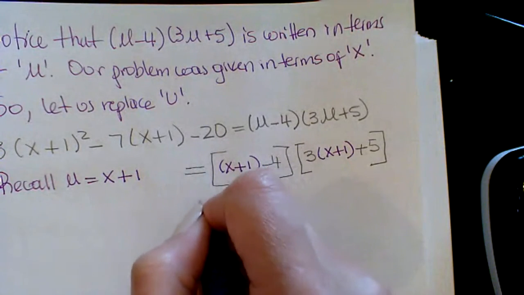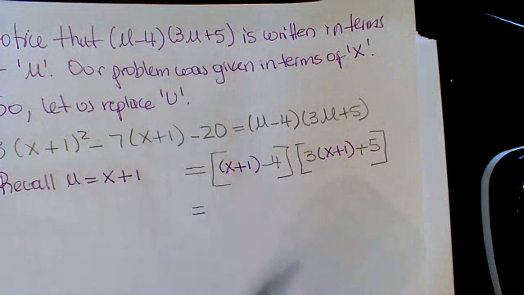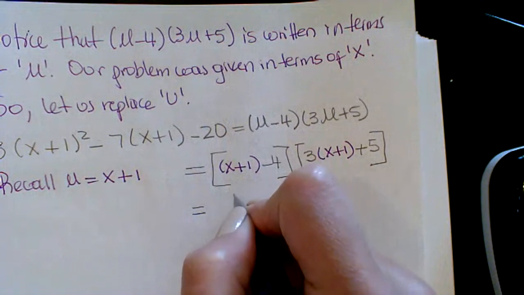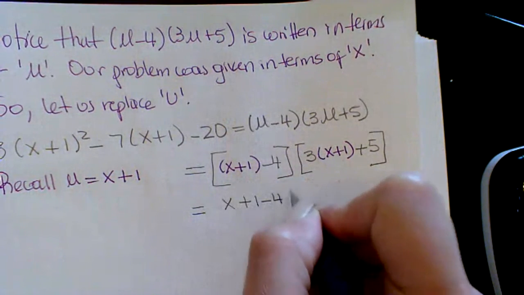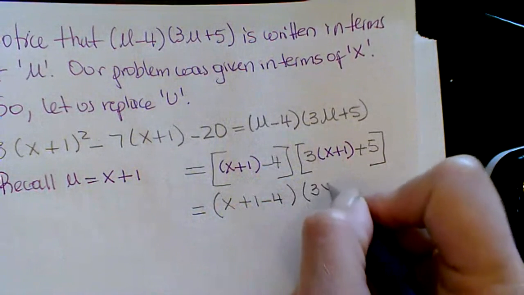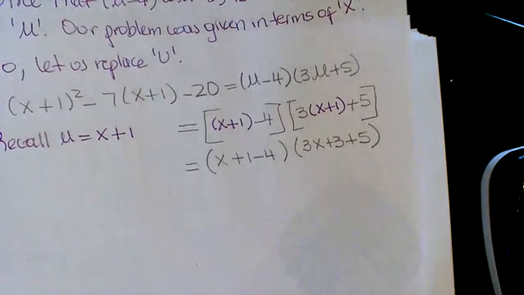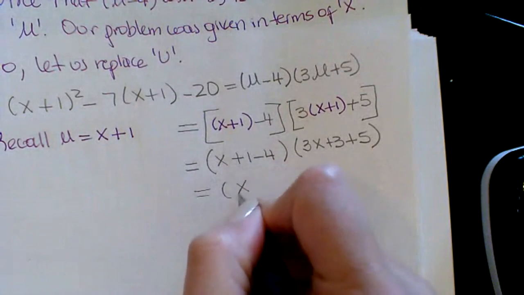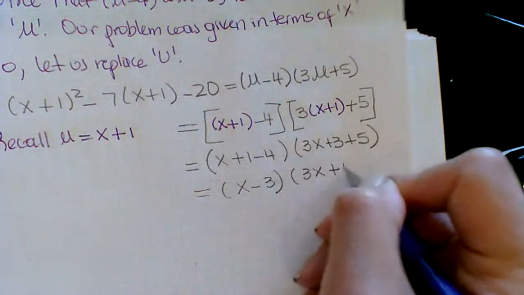So what do we have? We get x plus 1 minus 4, right? And we get here 3x plus 3 plus 5. So it's going to be x minus 3 and 3x plus 8.